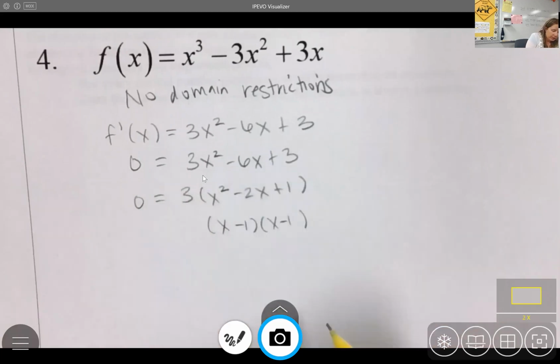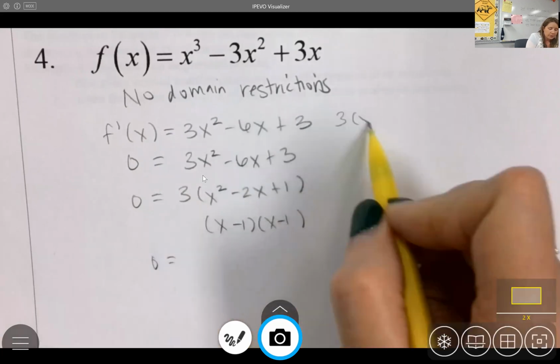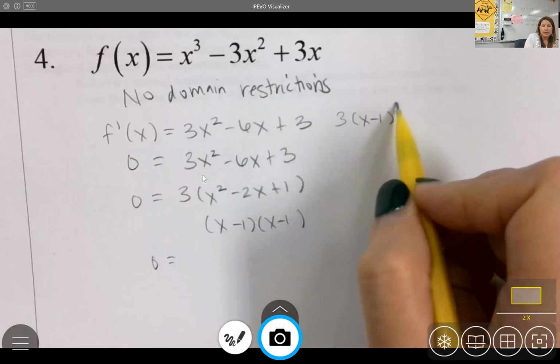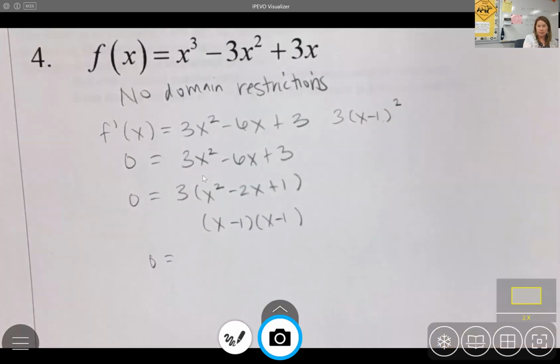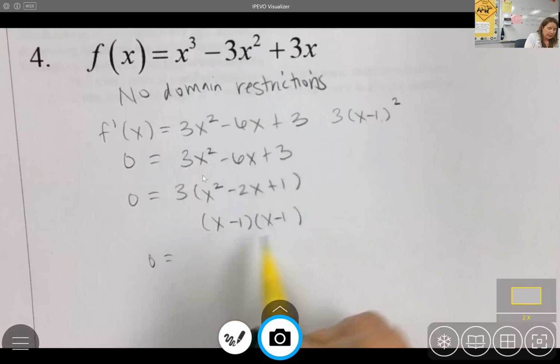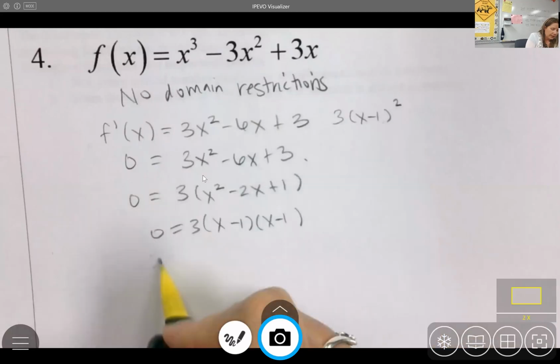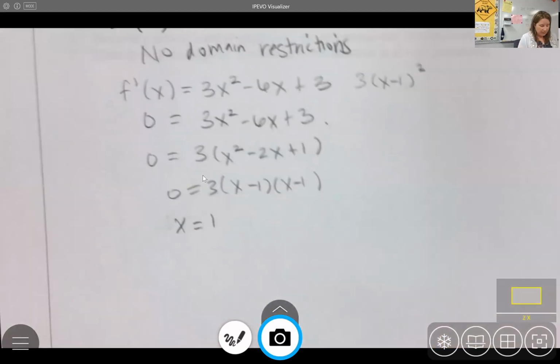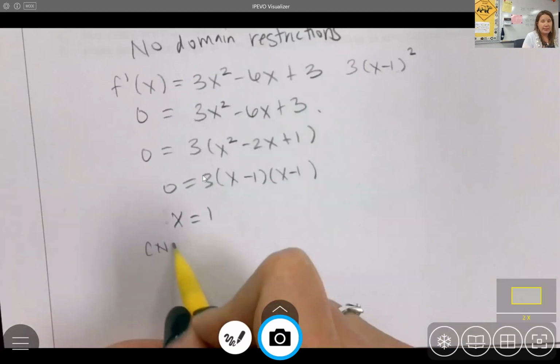Okay, so this is important that you notice this, that the derivative has a repeated 0. So when I do my number line at 1, I'm going to have to show that twice, just like we did with the 0 on the other one. Okay, so here I'm going to have my function equals 0 at 1. Okay, so my critical number is 1, and that's it.